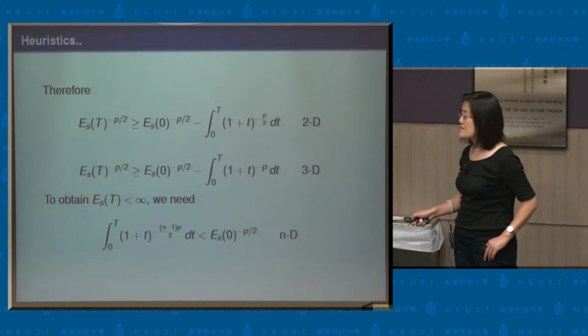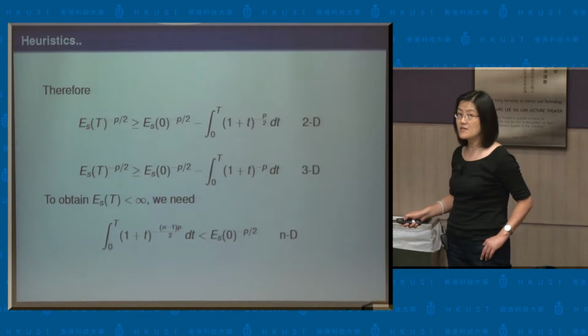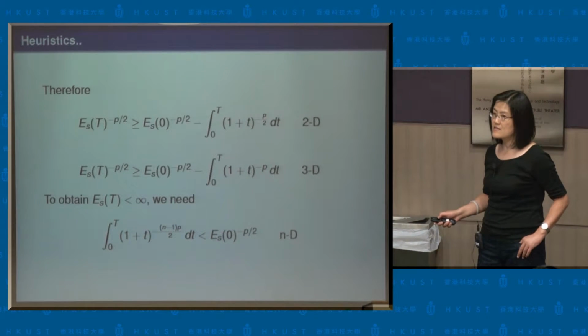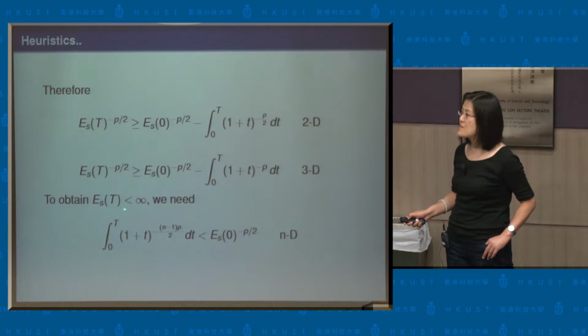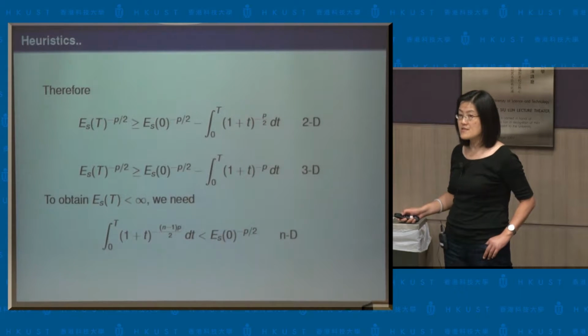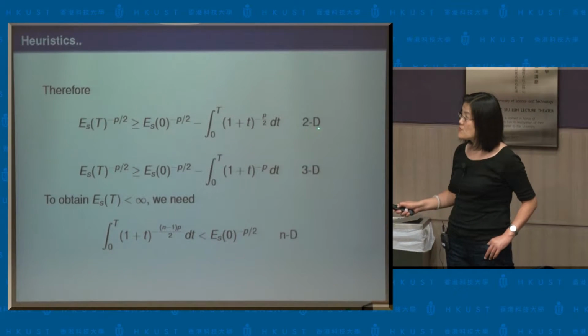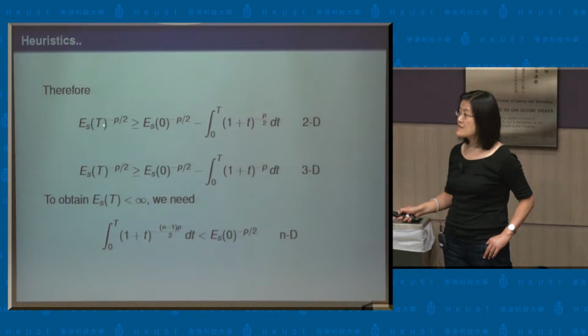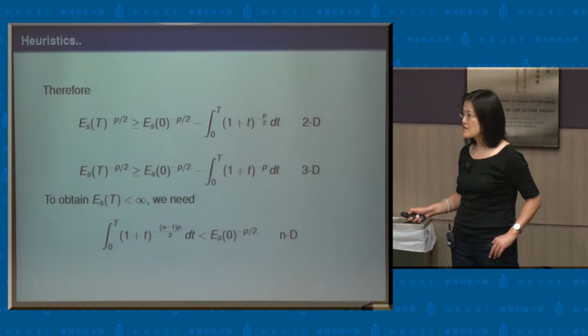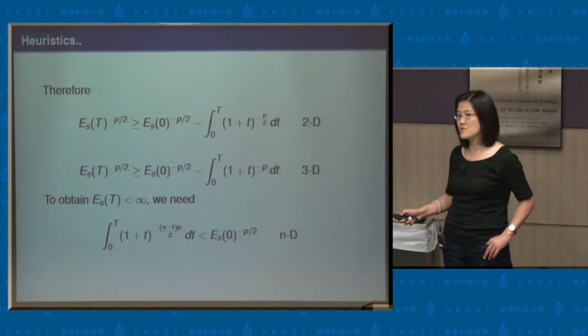In fact, if the energy is of size epsilon squared, then in order for this to hold, capital T has to be less than a constant divided by epsilon squared. So if there is a quadratic nonlinearity in the 2D water wave, we can only say that the energy remains finite for time less than 1 over epsilon squared.